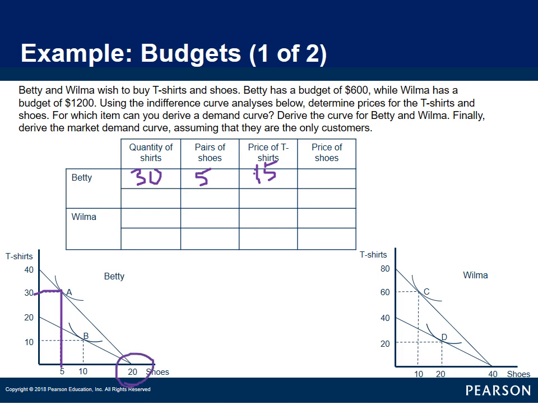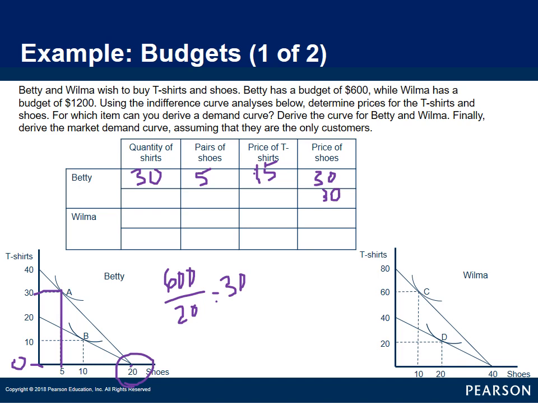If Betty spent all of her money on shoes and no money on t-shirts, that would be $600 divided by 20, which is 30. So the price of shoes is $30, and we can see that the price of shoes never changes.